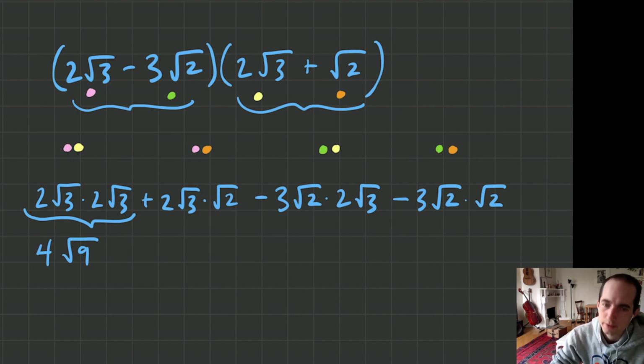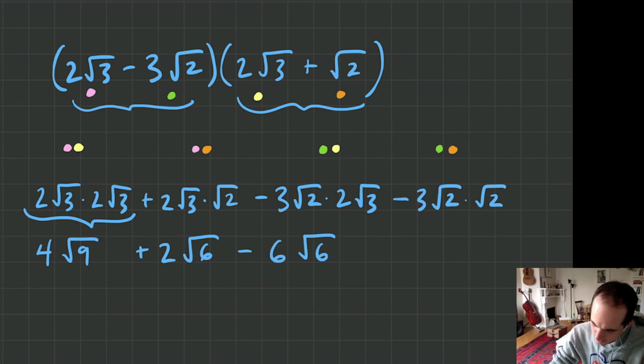I know that that's 3, but I'm going to leave it for now. Then I'm going to have 2 times the square root of 3 times the square root of 2. That's going to be 2 root 6. Next one is minus 6 root 6. The one after that is minus 3 root 4. Okay, that looks pretty good.